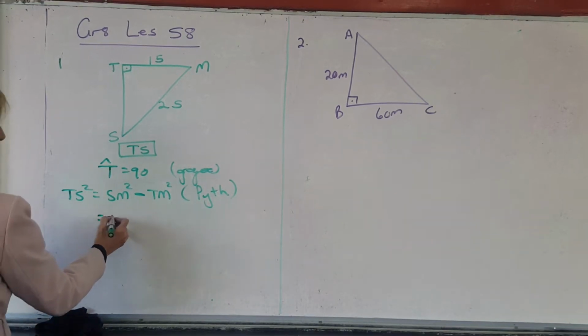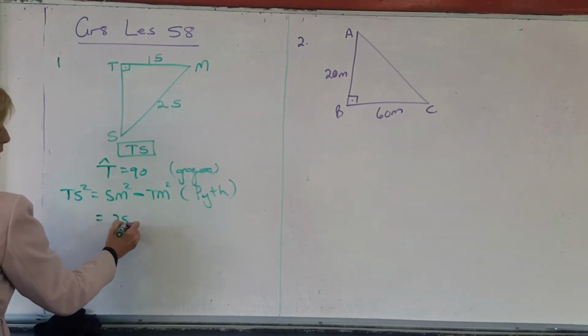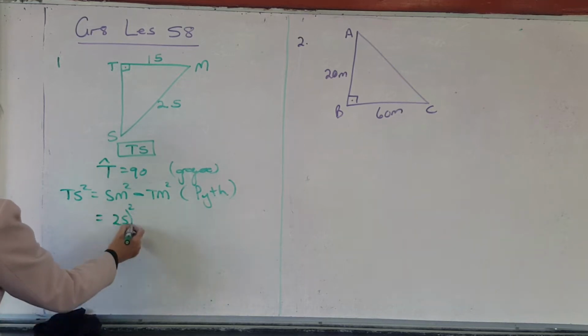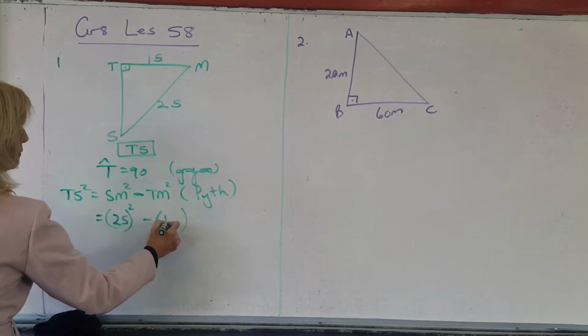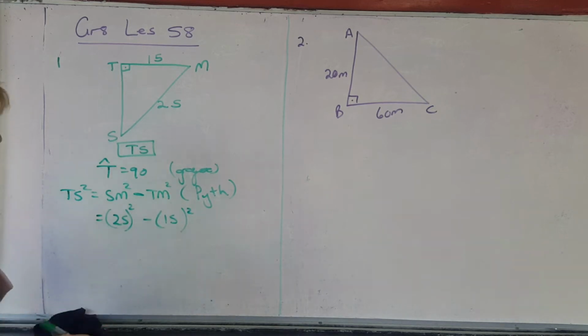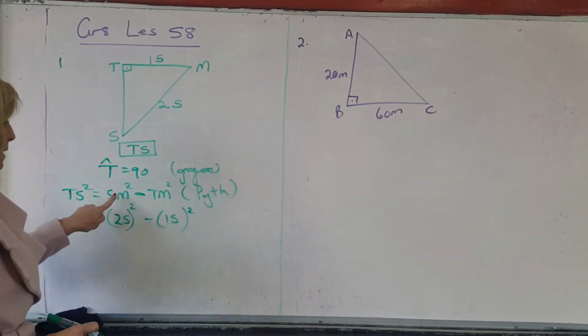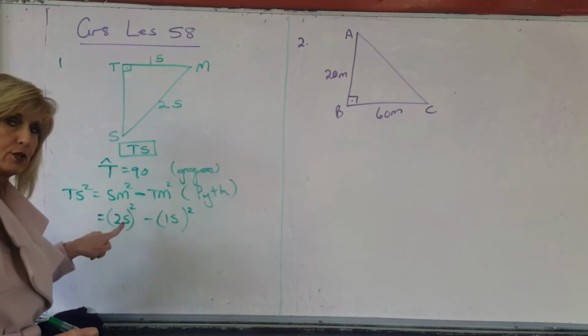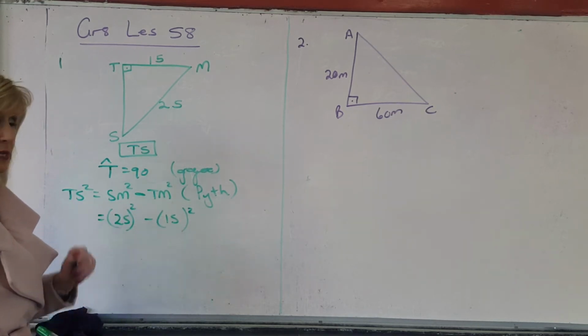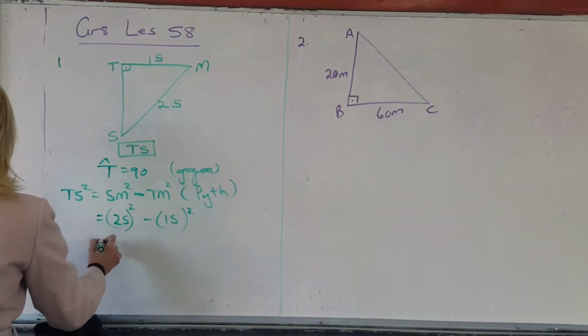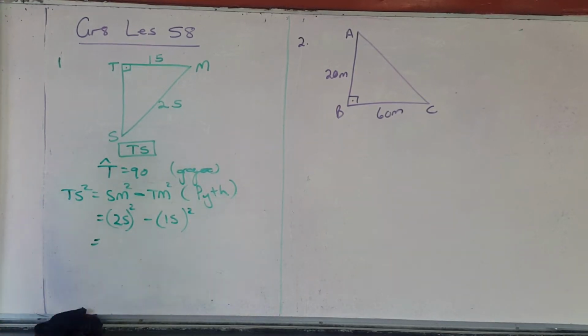So I now have SM, that is 25, that I square. And I've got TM, that's 15, that I square. Remember, MT, TM, same thing. But it has to be the 25 first, the hypotenuse first, and then the other side. Then I take my calculator and work it out.